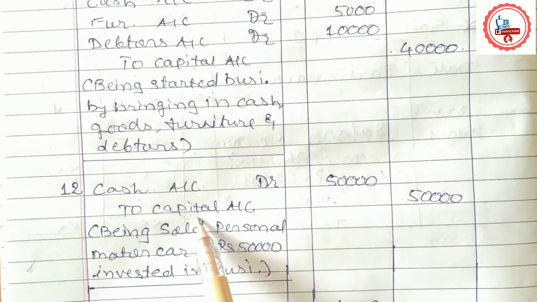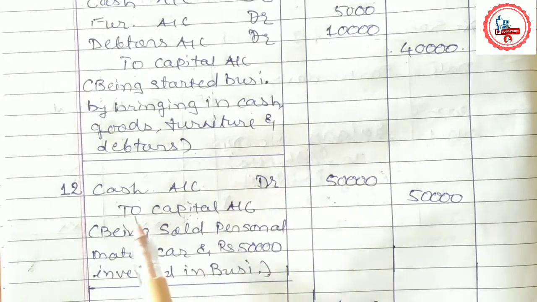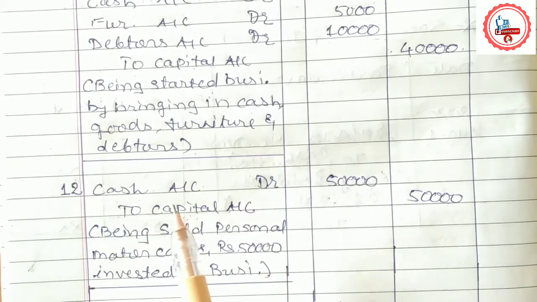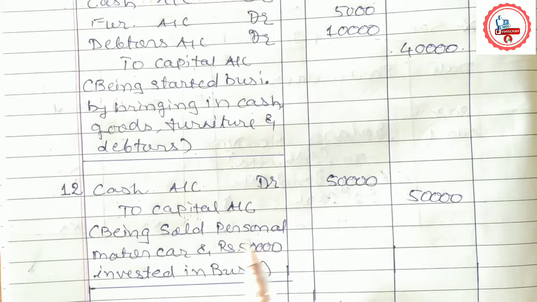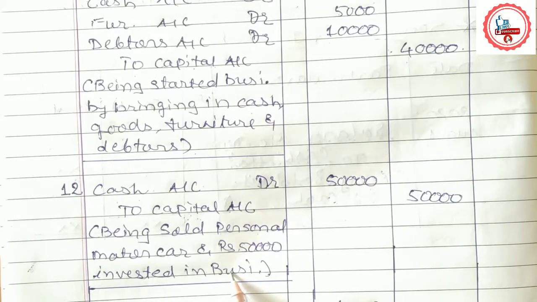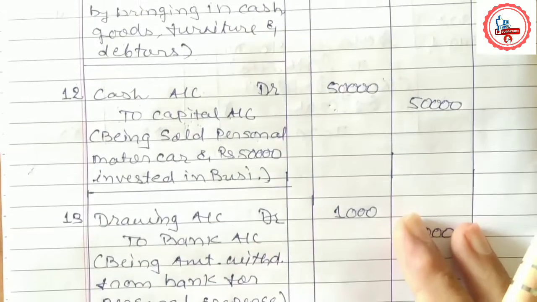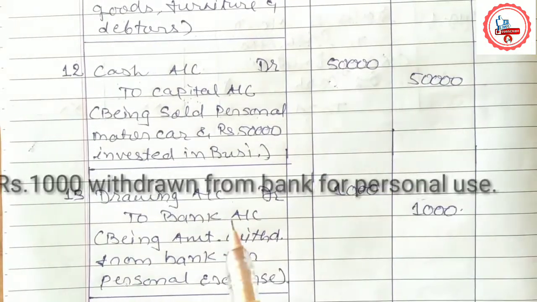That's why your journal entry would be cash account debit to capital account. What is the brief explanation of this journal entry? Being sold personal motor car and rupees 50,000 invested into the business. I hope you have understood properly, students. Okay, let's move to the next transaction.